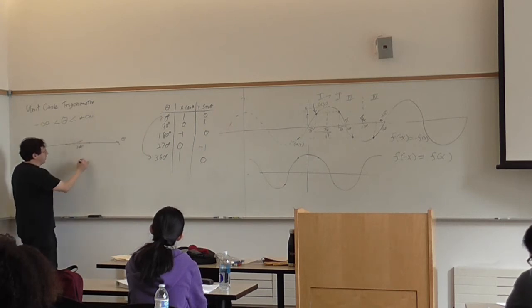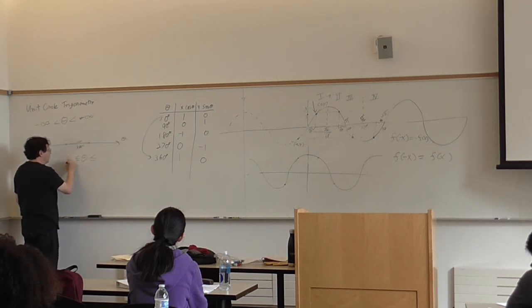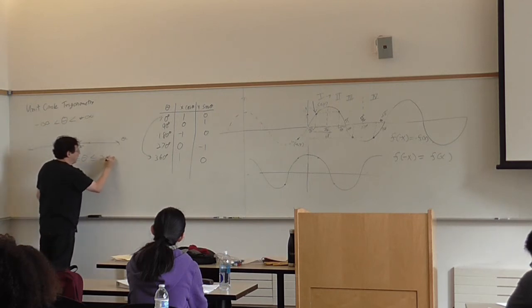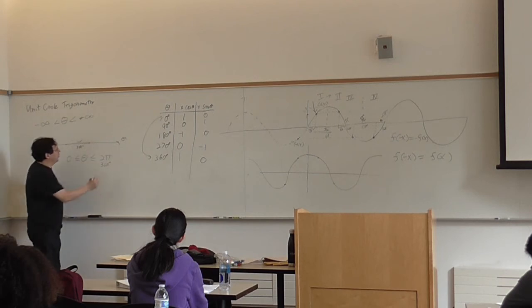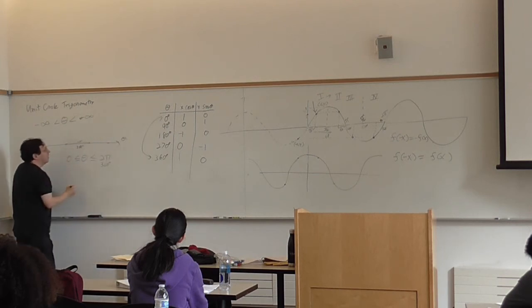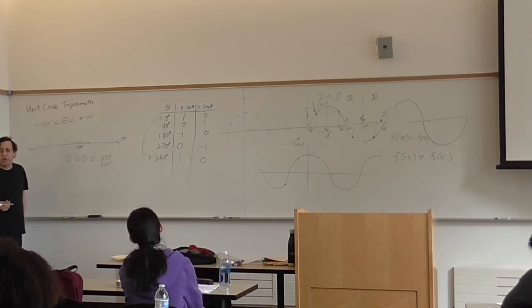So if I have some theta, and it's not between 0 and 2 pi or 0 and 360 degrees, it's out here somewhere, I can always move it to here by adding or subtracting some number of 360 degree values.